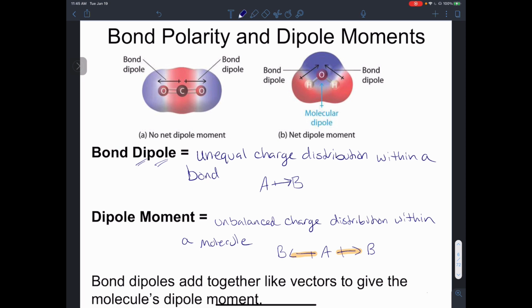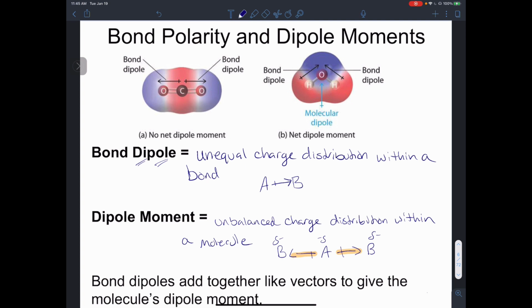However, since those polar bonds are pulling exactly opposite one another, there's no overall negative region of the molecule. There's quite a bit of negative charge here, quite a bit of negative charge here, quite a bit of positive charge here, but there aren't two charged regions. It's not a dipole.